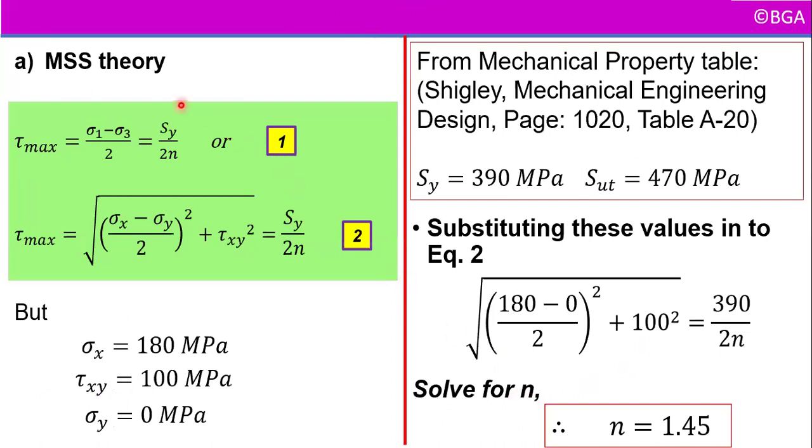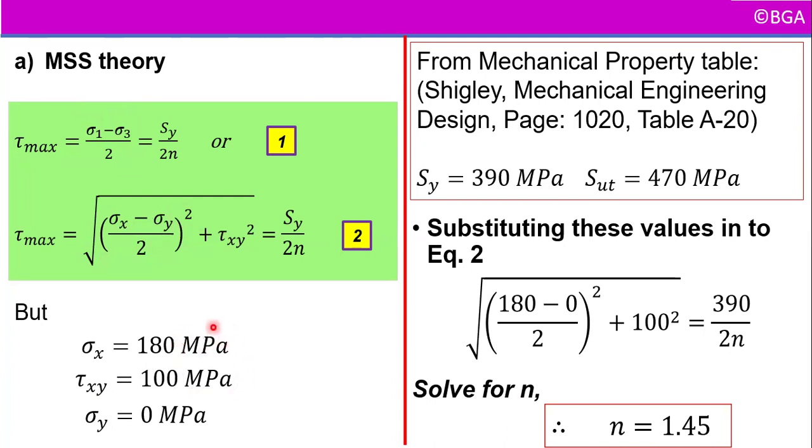So now, let us find out the factor of safety using MSS theory, maximum shear stress theory. As we have discussed in the lecture part of this course, maximum shear stress theory can be expressed in terms of principal stresses, or it can be expressed in terms of applied stresses or induced stresses. So in this question, we are given applied stresses.